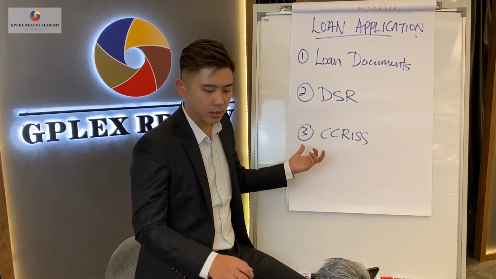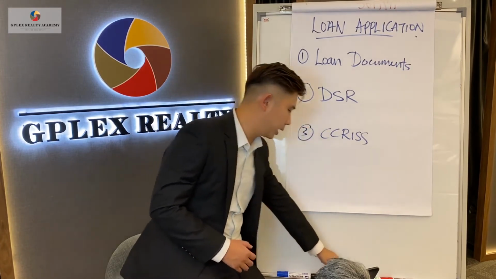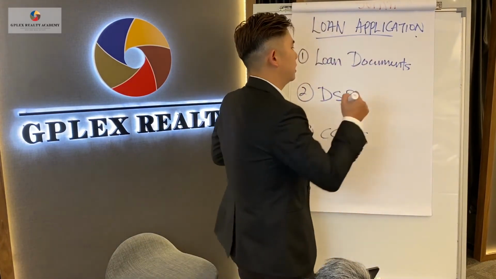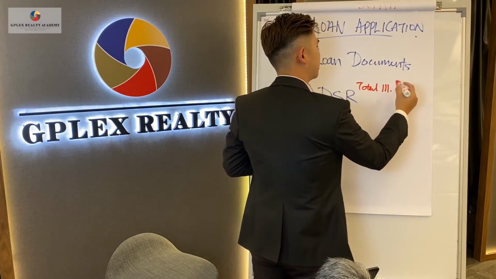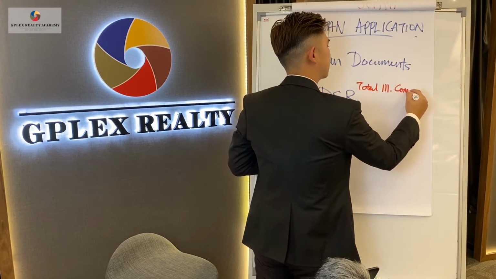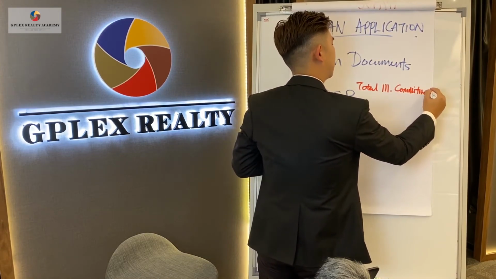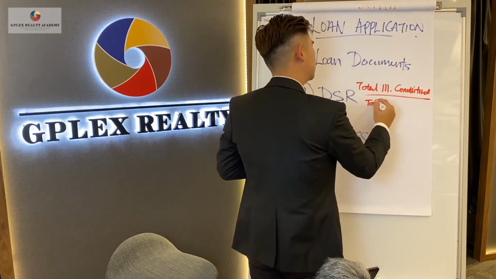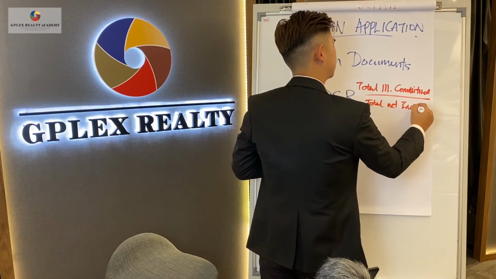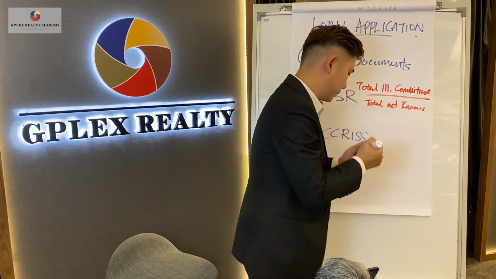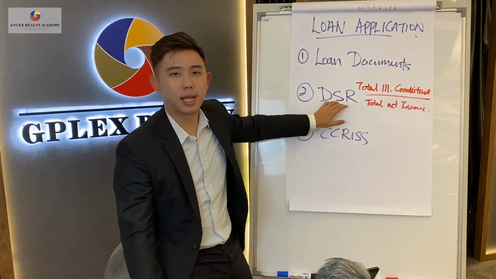So in here, you can see the formula to calculate the DSR rate will be total monthly commitment divided by total net income. All right, so based on this, you will know the DSR rate.